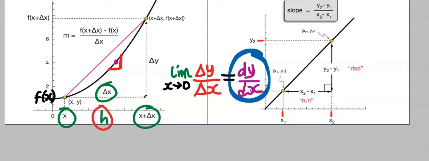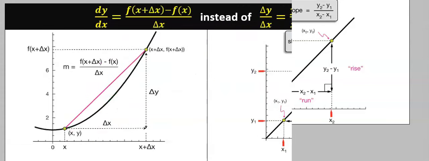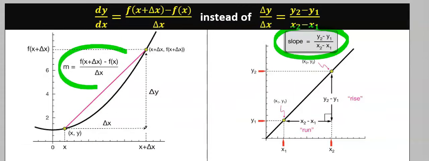But if you decide to use h, then this change in x will change to h. Just be consistent in your choice. Now you have known the difference between the slopes of a straight line and of a curve.